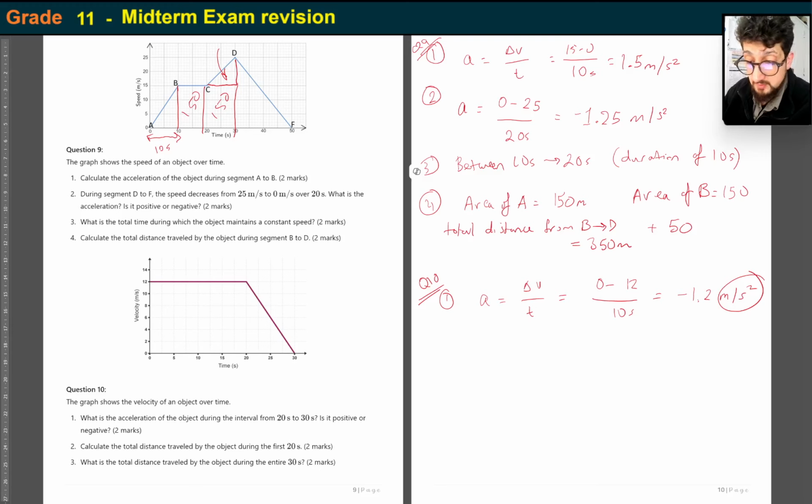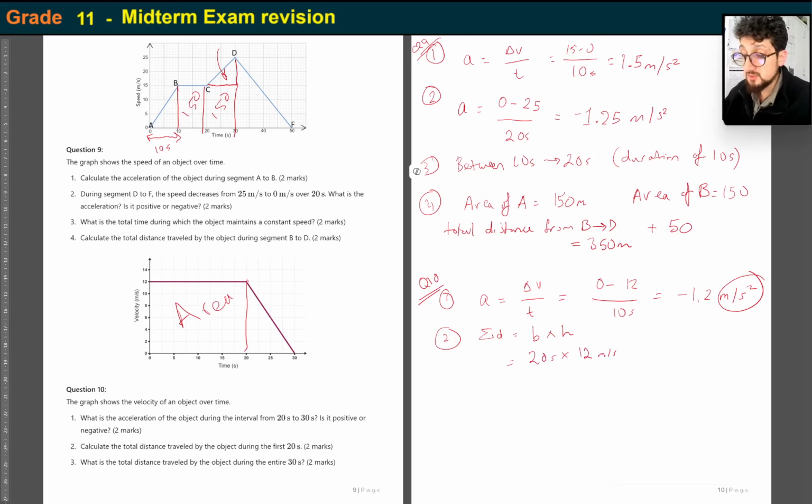Okay, question 2. Calculate the total distance traveled by the object during the first 20 seconds. So once again, they're just asking for this area, which is going to be 12 times 20. So total distance, if you're a calculus whiz, is going to be base times height. So there's the formula, which equals 20 seconds multiplied by 12 meters per second.